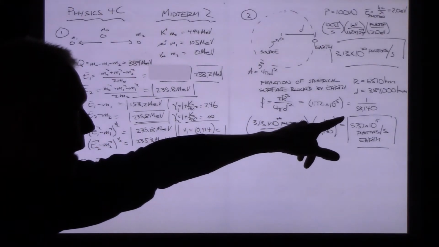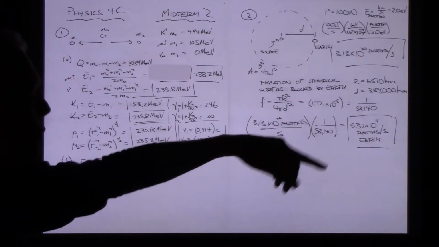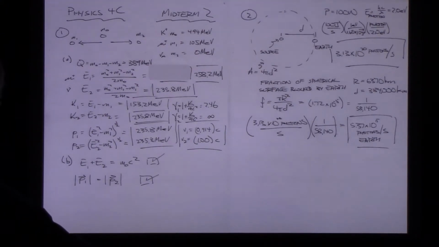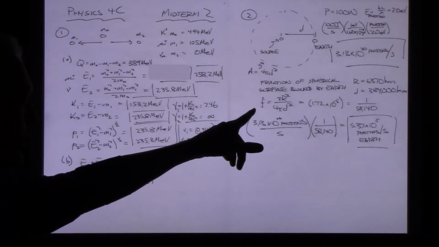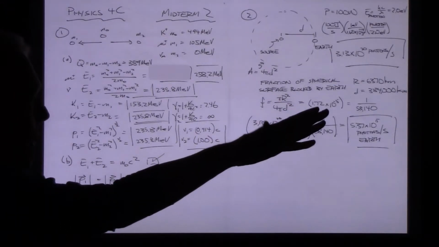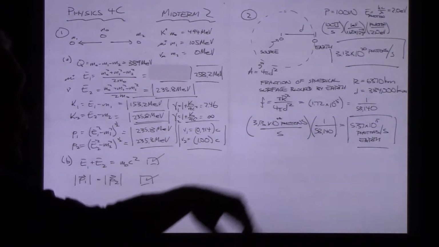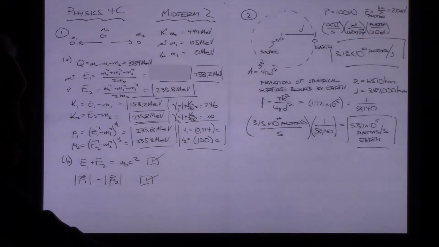So the 58,140 is the inverse of 1.72 times 10 to the minus 5th. That's all it is. It's nothing fancy. So the portion of photons that are going to impact Earth is 1 out of every 58,140.